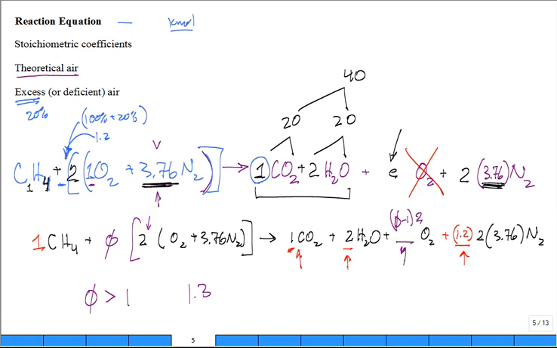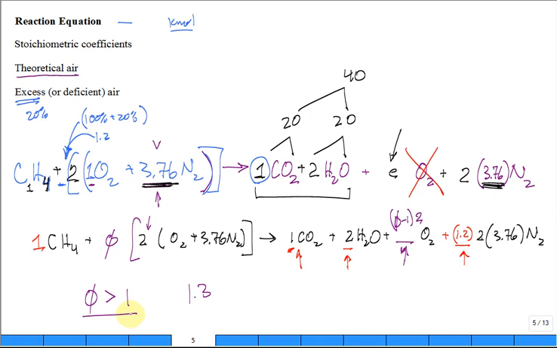And there it is. True? Now, there's many ways to get that. You can go back and rebalance all of the oxygen, but really what you needed to rebalance was only the excess oxygen, which was phi minus 1, if phi is greater than 1.